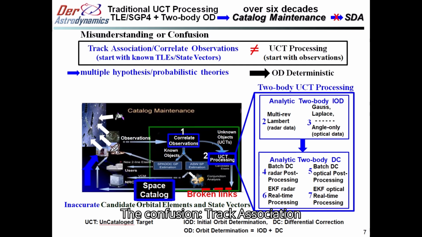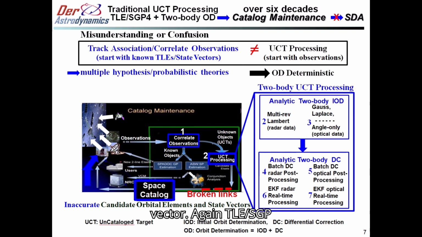The confusion: track association may output probabilistic data suggesting multiple hypothesis theories, since the observed minus computed observations may be probabilistic with unknown errors. However, IOD and DC in UCT processing are deterministic with or without successfully deducing any state vectors.